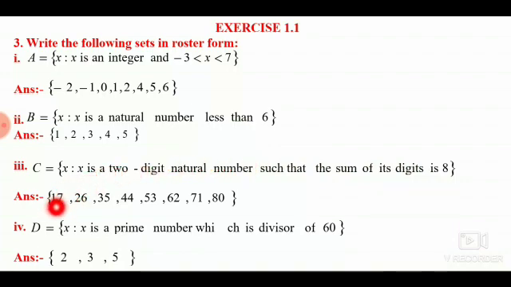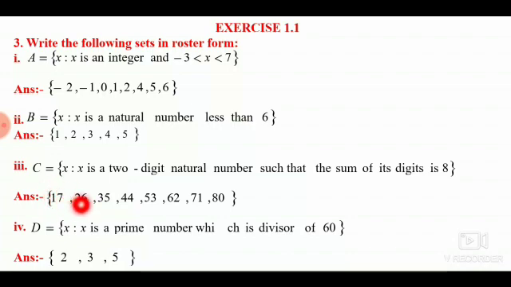The numbers are 2-digit numbers whose digit sum is 8. 10 is a 2-digit number but its digit sum is not 8. Therefore 10 is not a member of this set. 11 is not a member. 12, 13, 14 are all 2-digit numbers but their digit sum is not 8. Therefore, the first 2-digit number is 17, whose digits add up to 8.